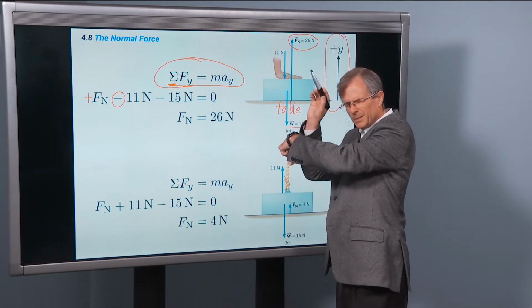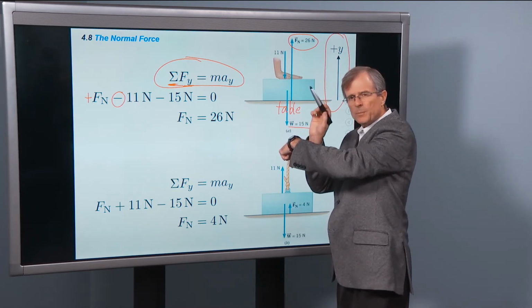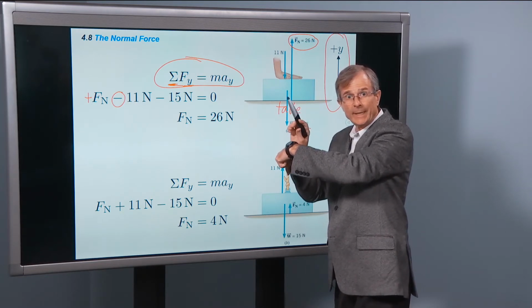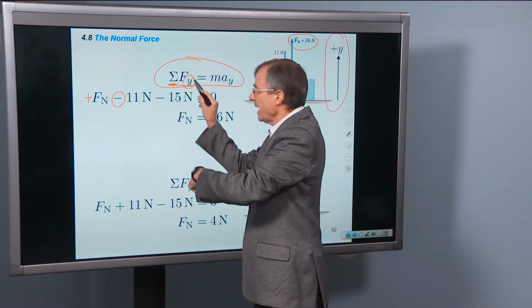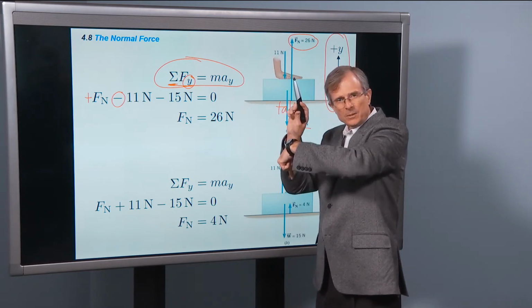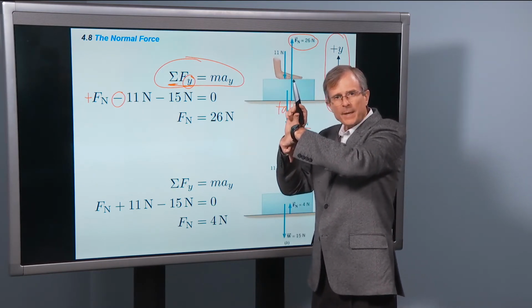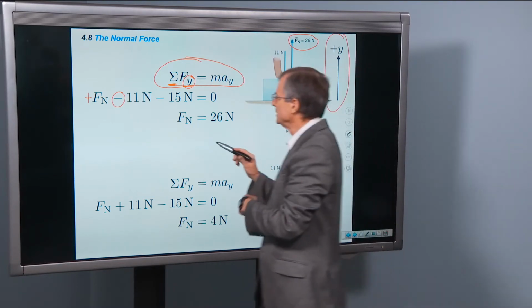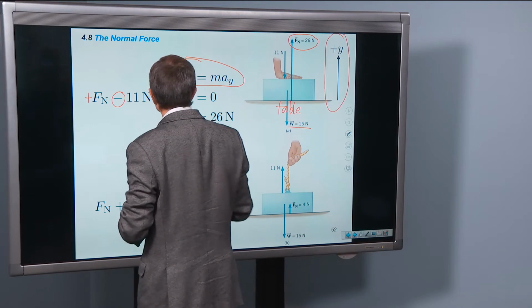What matters here is not up or down, but whether it's opposite to or parallel to the axis that you're looking at. We're looking at the y-axis. It's up. The gravitational force is down. Therefore, the y component of the gravitational force is negative. So that's why this is negative.